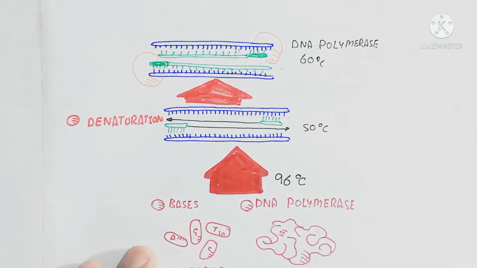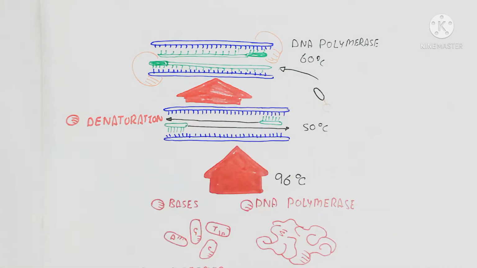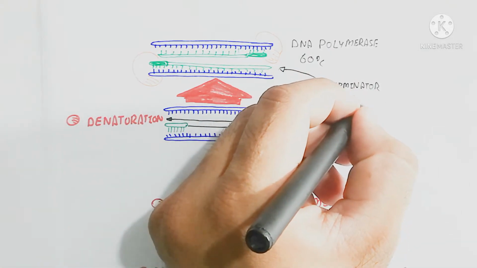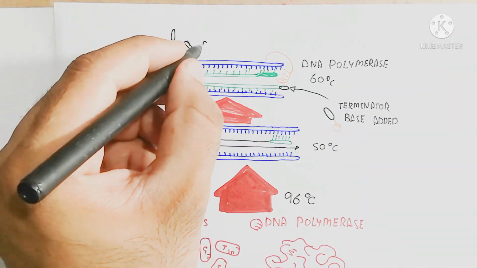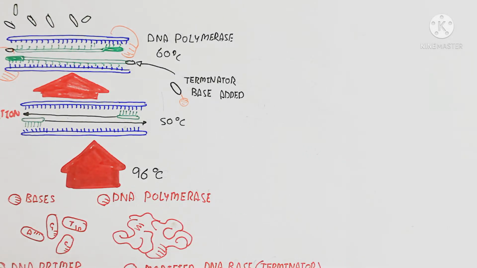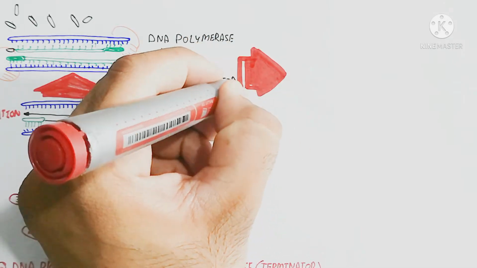And on the other hand, the terminator base is added, and the fluorescence shows that the terminator base was added. So the addition of that terminator base shows the fluorescence of this segment. Then the 96 degrees Celsius temperature is applied again to repeat for more amplification.